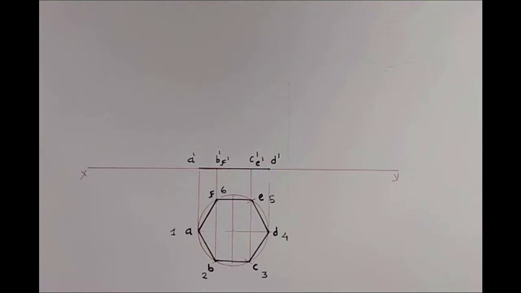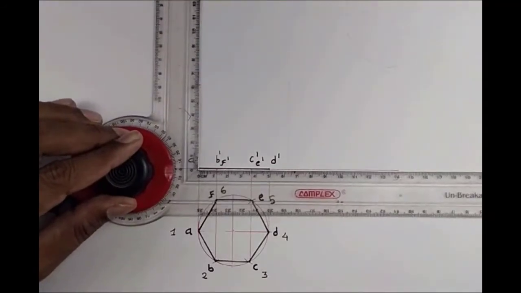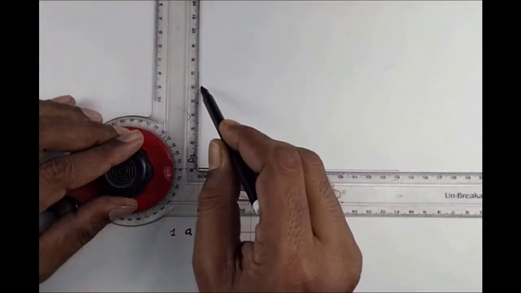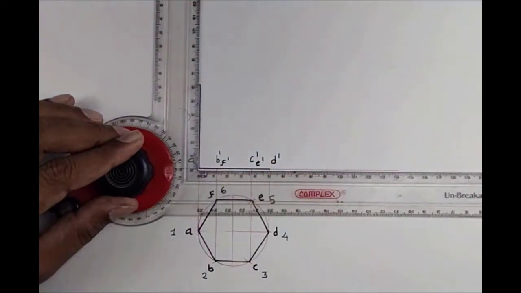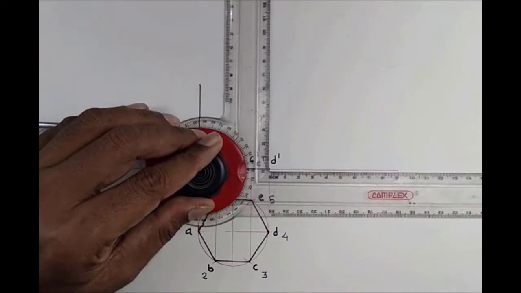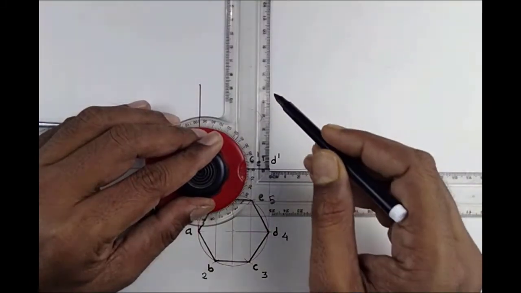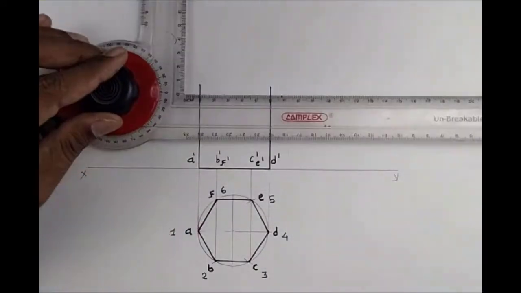Now the height of the solid is given as 60 mm. So we mark the 60 mm height. This is our hexagonal prism. The elevation is always a rectangle.